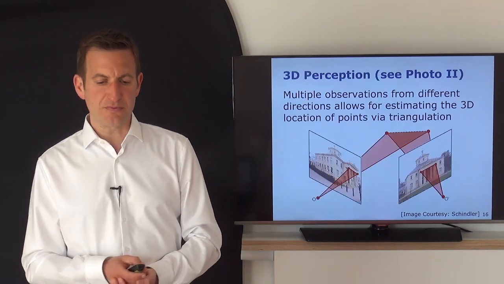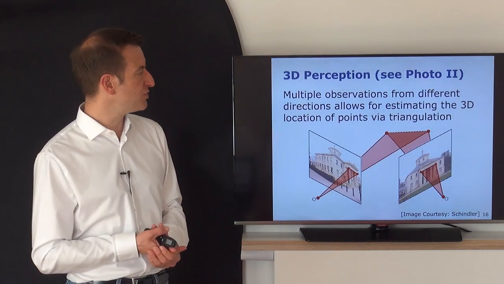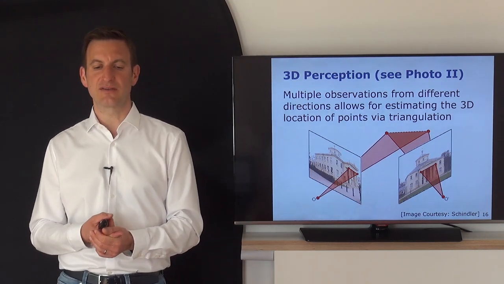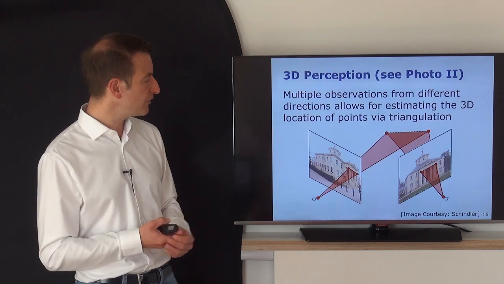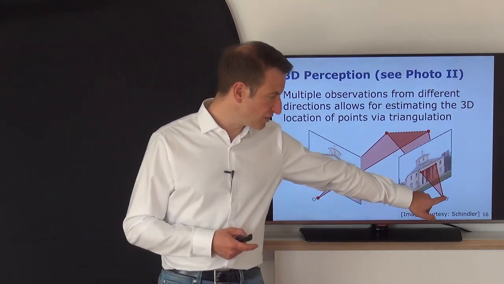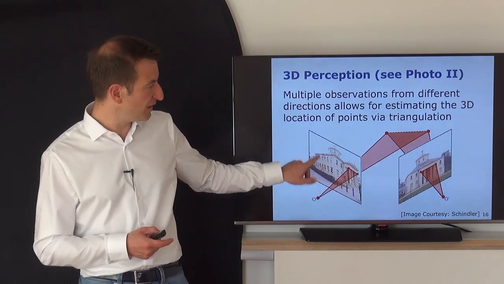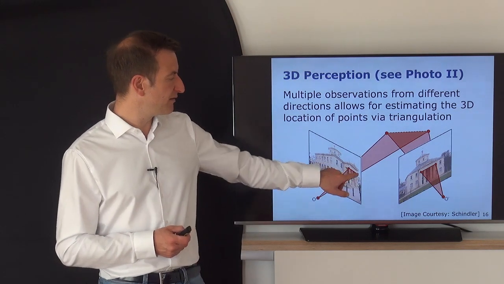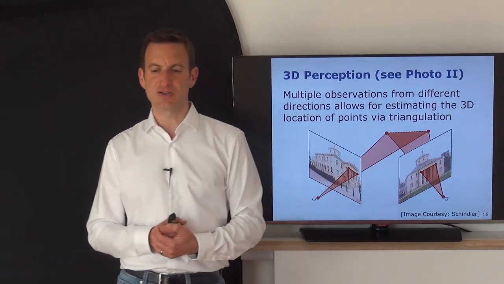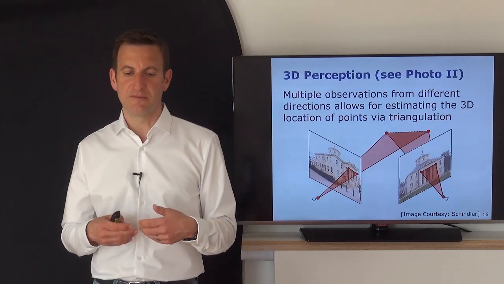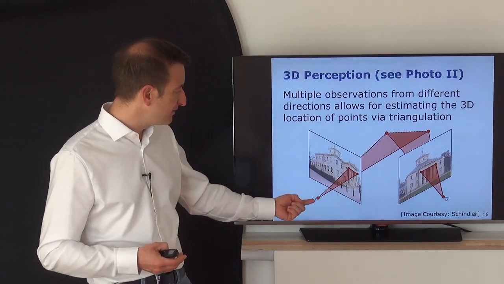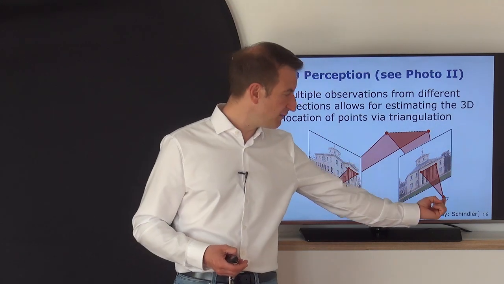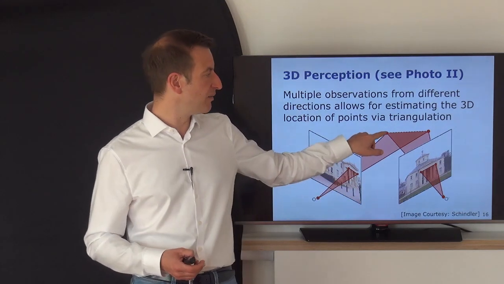If we now want to go for 3D perception, which is something that we're going to do in the Photogrammetry II course, we can take multiple observations from different locations to actually extract 3D information. As an example, given we know the locations from where the images have been recorded, this is image number 1 and this is image number 2. If I know that a certain pixel in image number 1 corresponds to a certain pixel in image number 2, then I can perform a triangulation: take this ray, shoot it from the projection center through the image into the 3D world, do the same here, and where those rays intersect, I know that the object must be.